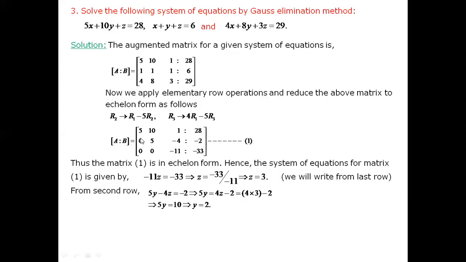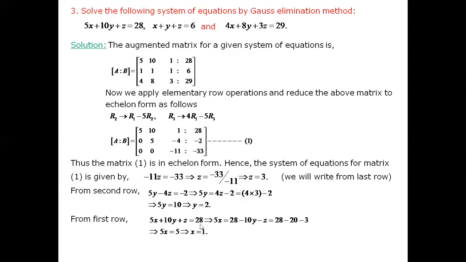Now at the end, using the first row, we write the last equation. From the first row, the x coefficient is 5. So it is 5x plus 10y plus z equal to 28. So 5x equals, I want x, 5x equals 28. Take these two to the right hand side.